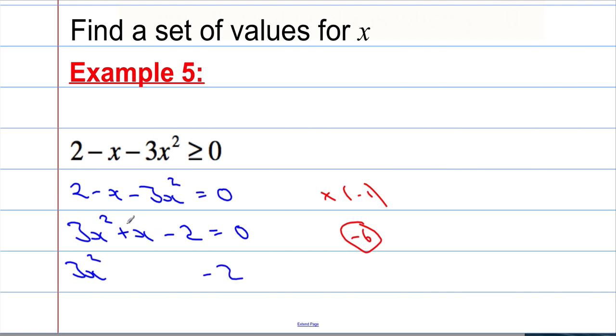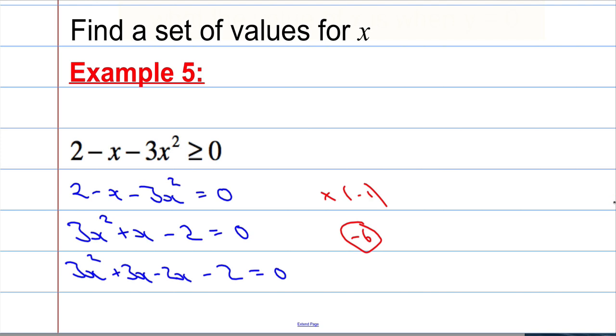So two numbers that add to give me a positive 1 would be a 3 and subtract 2. So 3 times negative 2 would give me negative 6, and 3x subtract 2x is x. And that's equal to 0.